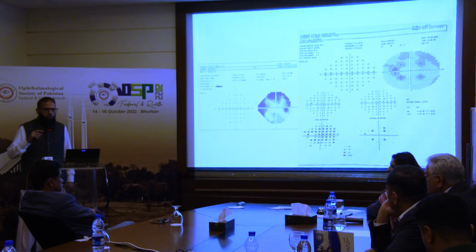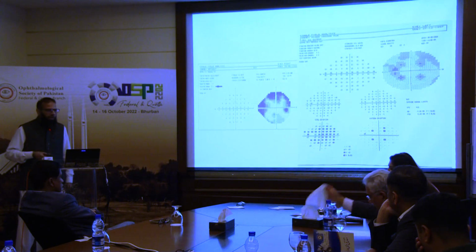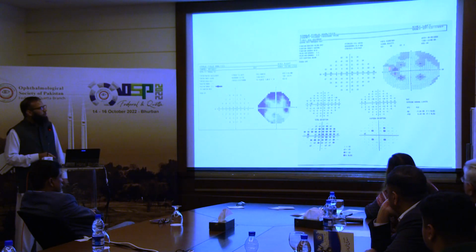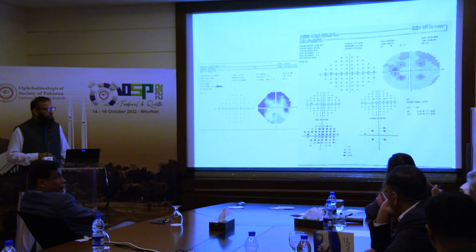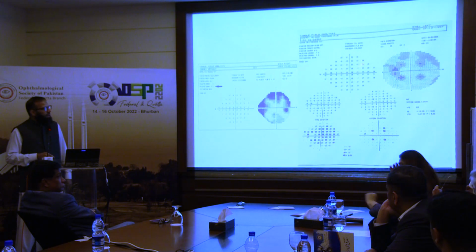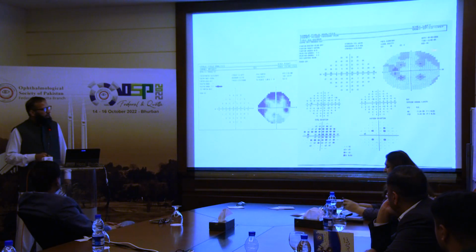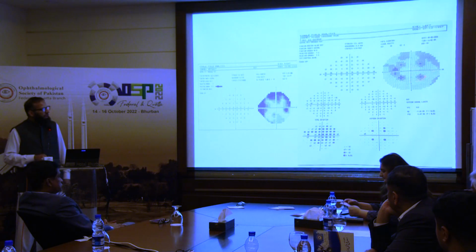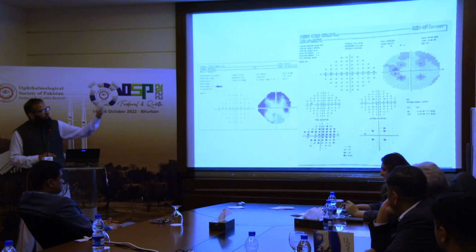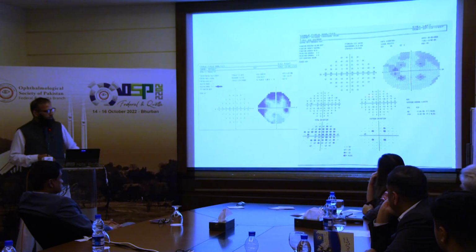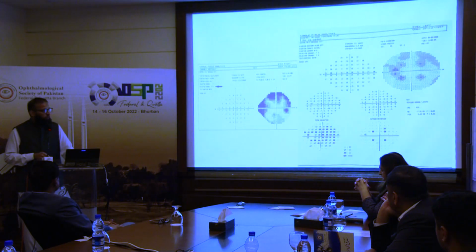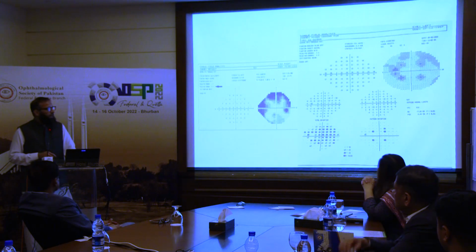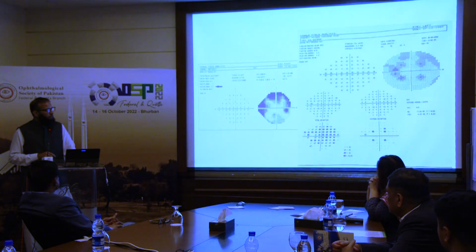For the first few seconds the patient does not respond on these points, and after a few moments, when he recognizes that the test has started, he starts performing the test, and the rest of the field will be better as compared to these points. Again, you have to perform this test again and tell the patient what mistake was done.